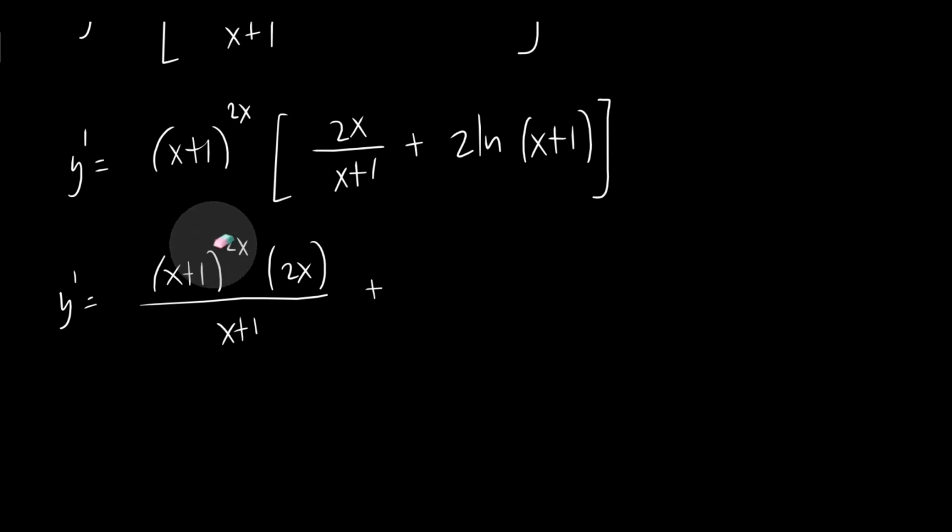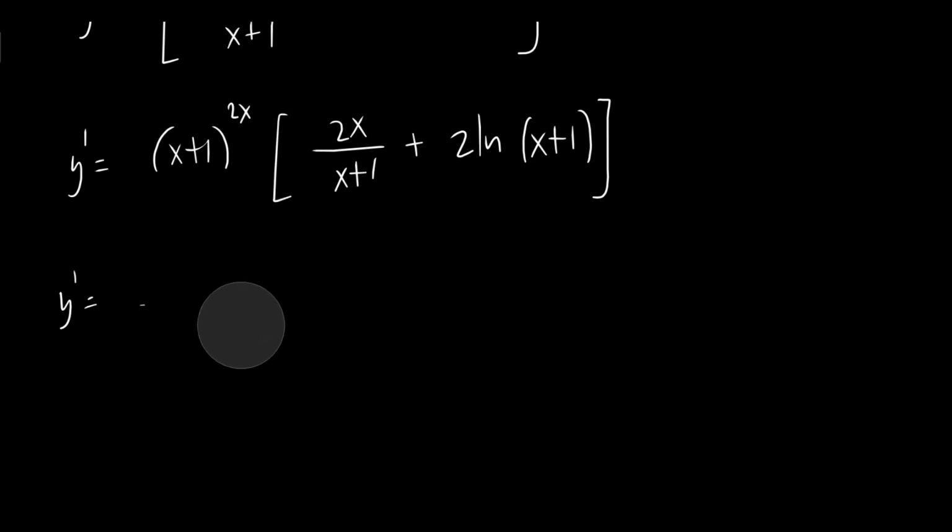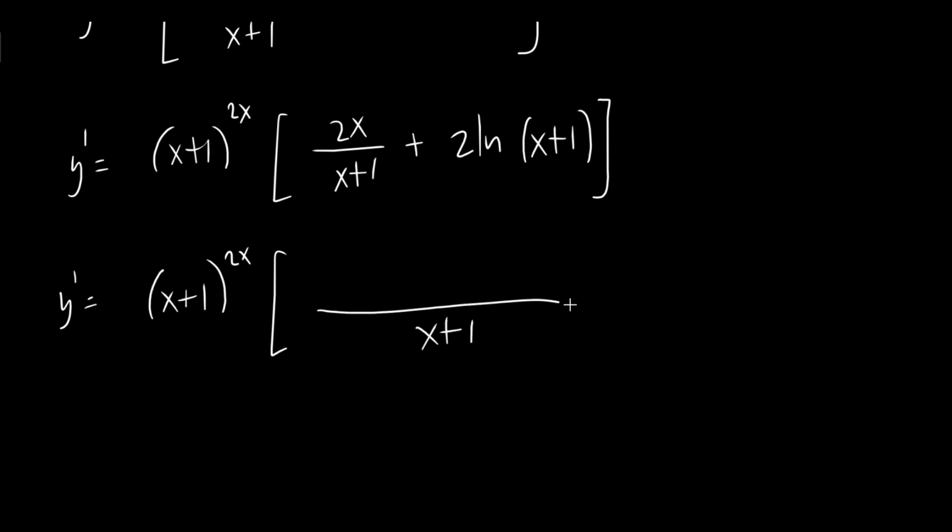So we have (x + 1) raised to 2x, times the quantity 2x plus 2 times (x + 1) ln of (x + 1).